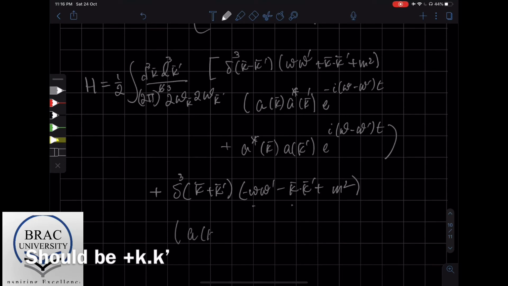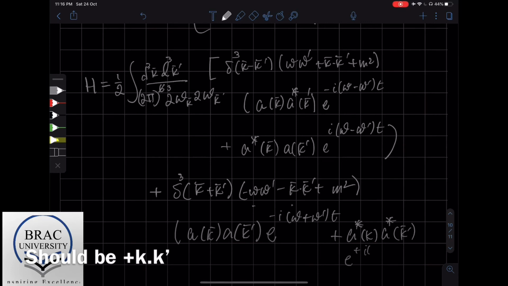So there'll be a of k, well, a k prime, and then here it's going to be e to the power, they're going to add up, so there'll be minus (omega plus omega prime) of t, and then we're going to have a star of k, and then a star of k prime, and then we're going to have e to the power plus i (omega plus omega prime) of t.